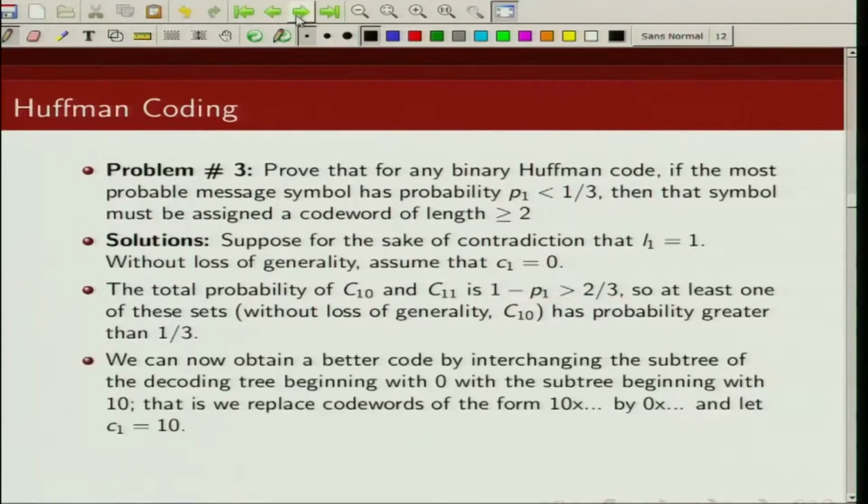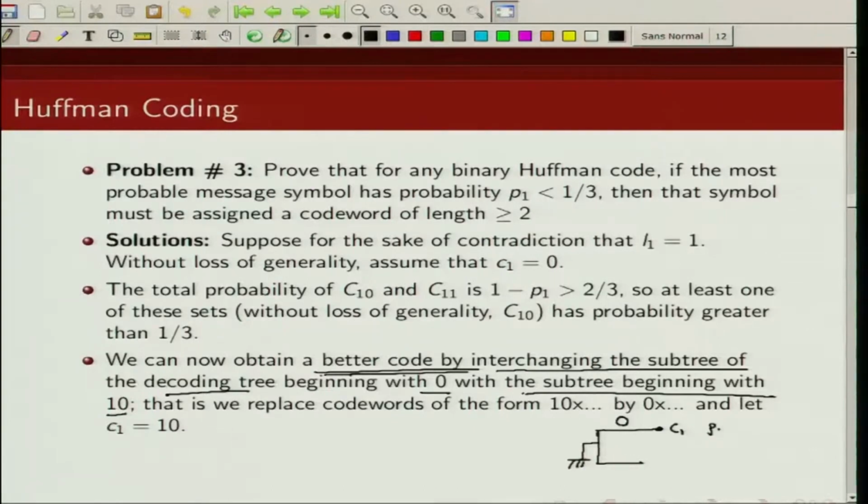Now if that is true, then we can obtain a better code by interchanging the subtree of the decoding tree beginning with 0 with a subtree beginning with 10. What are we saying? We have a situation like this. This is the most likely symbol which has been assigned a code word of length 1, and it has probability P1 less than 1 by 3.